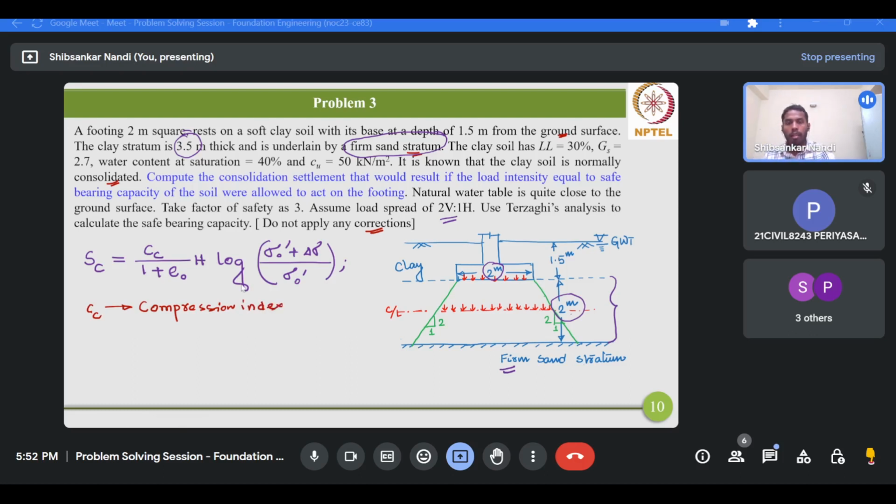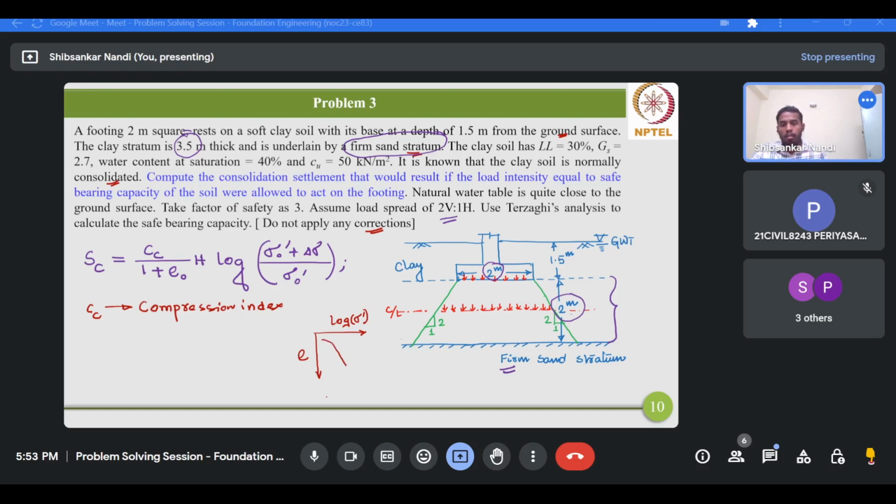The compression index is obtained when you perform the consolidometer test and plot the data of this test in this fashion: e versus effective stress, that is void ratio versus effective stress, on a semi-logarithmic plot. After plotting the test data, the behavior of this plot would look something like this.